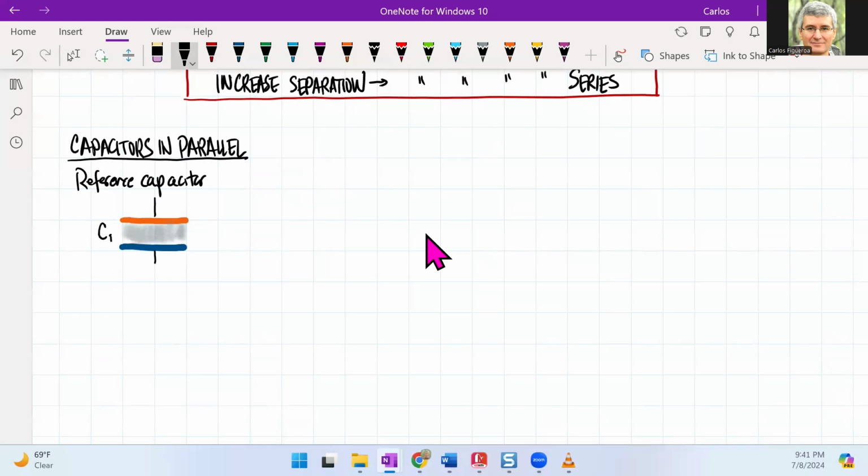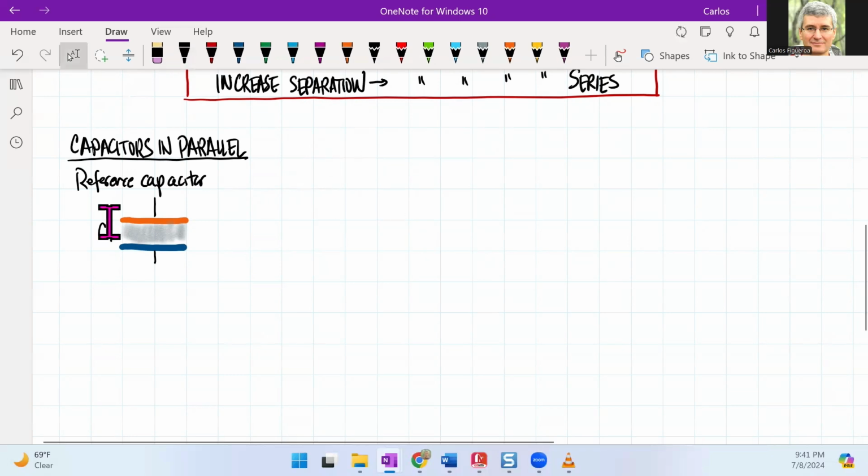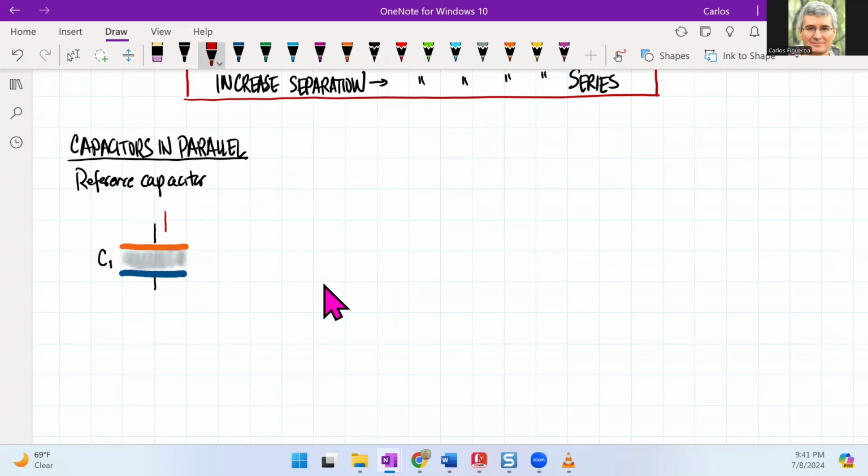So now I'm going to look at the current. So I'm going to bring this down a little bit more. And I'm going to look at what the current sees when it's coming to the upper plate.